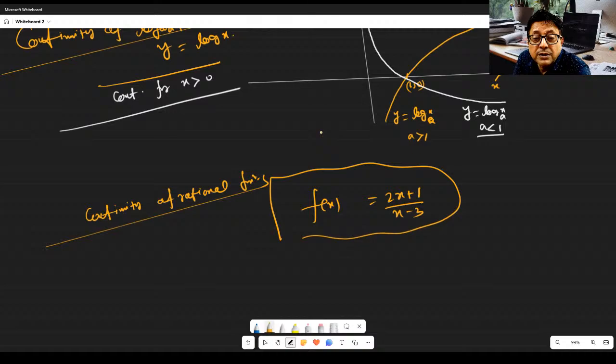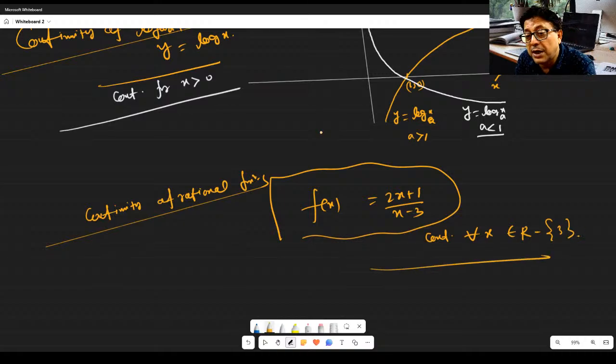So for rational functions also we can state that they are continuous in their domain of definition. It is continuous for all x belongs to R minus {3}. Because at x equal to 3 it becomes undefined. No other point is there. So rational functions are continuous everywhere in their domain. Now I am coming to two most important functions, that is continuity of the modulus function and continuity of the modulo function. We have to work a lot on these two. Okay. So let us do these two elementary functions also.